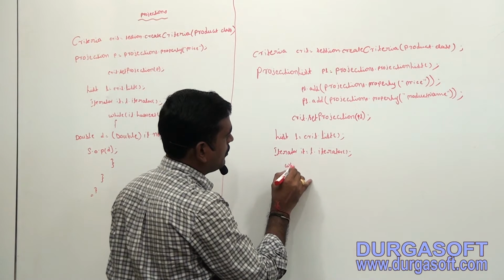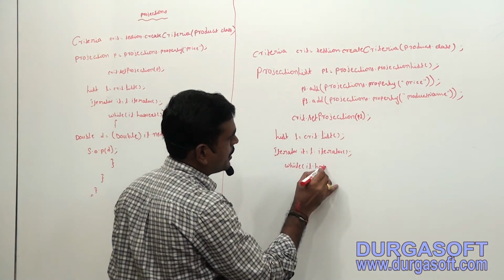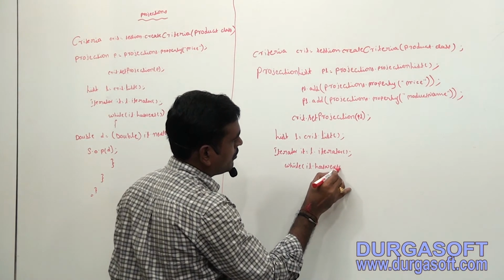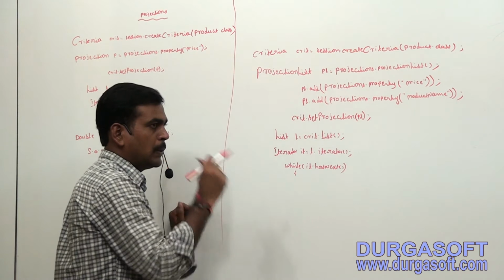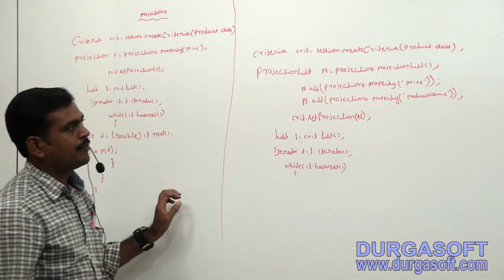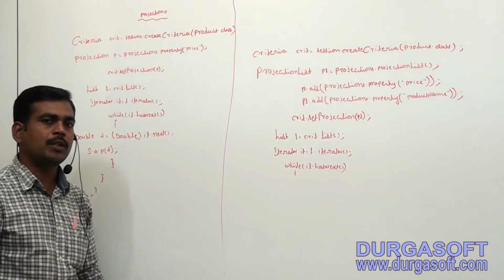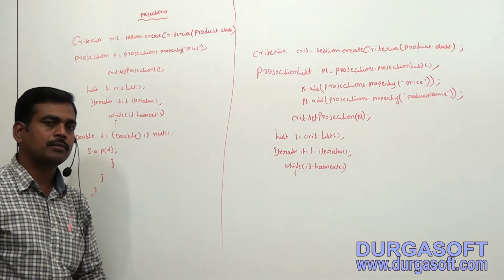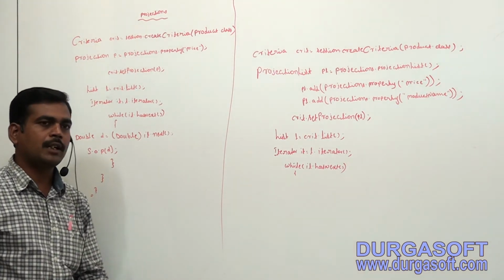while it dot hasNext. Next, what we have to do: we are selecting more than one column here. If we are selecting more than one column, then we need to typecast to object array type.